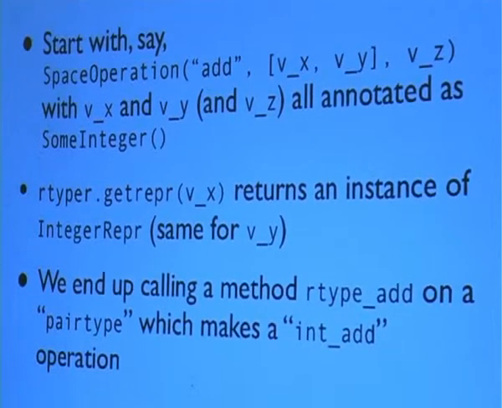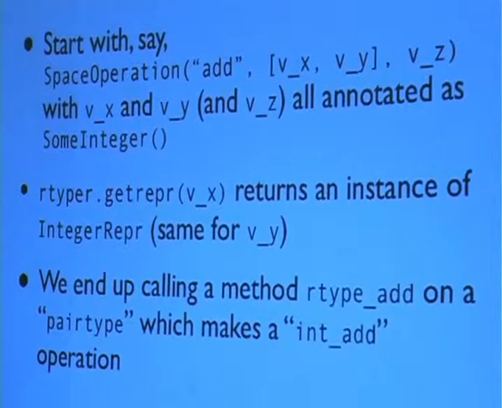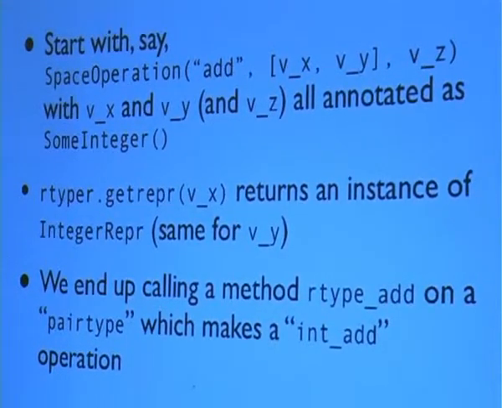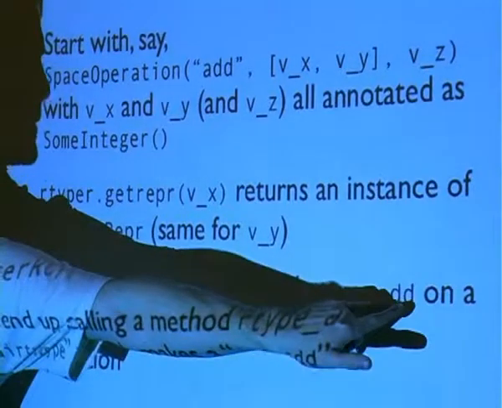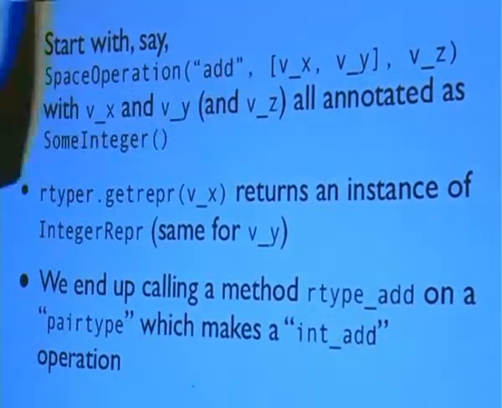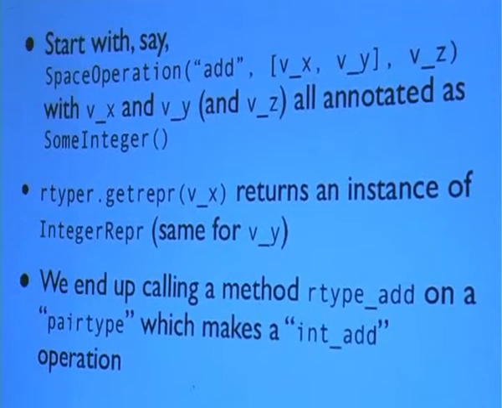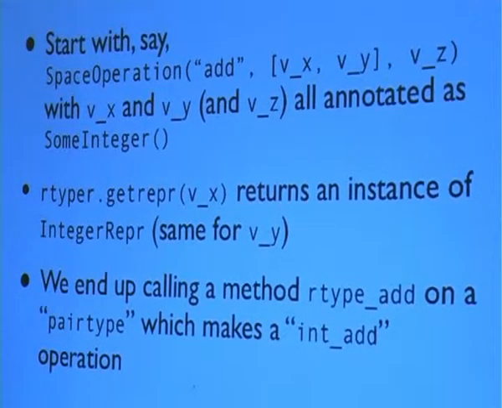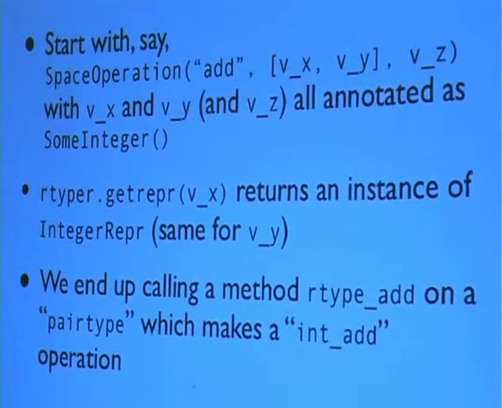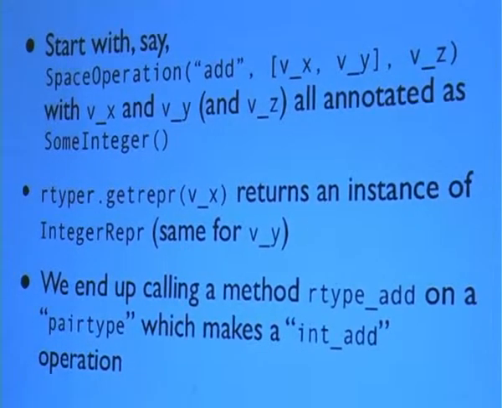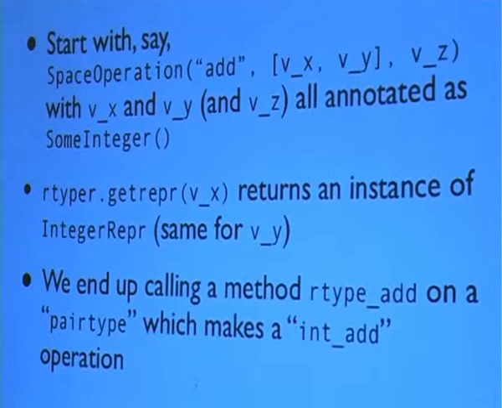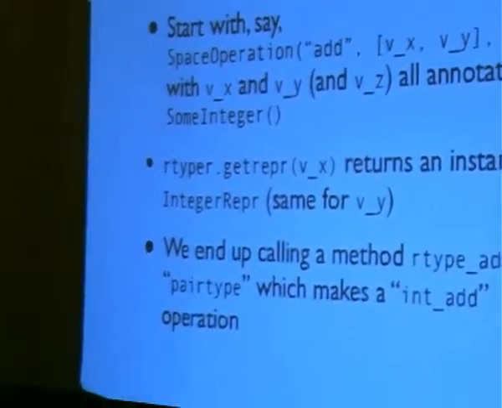Then through some various steps, what eventually happens is this method rtype_add. So the add, this bit of the method name, comes from the name of the space operation. It is called on this thing called a pair type. Not going to explain that. Which knows that when you add two integers, you should make an integer addition operation, which replaces the space operation in the graph.